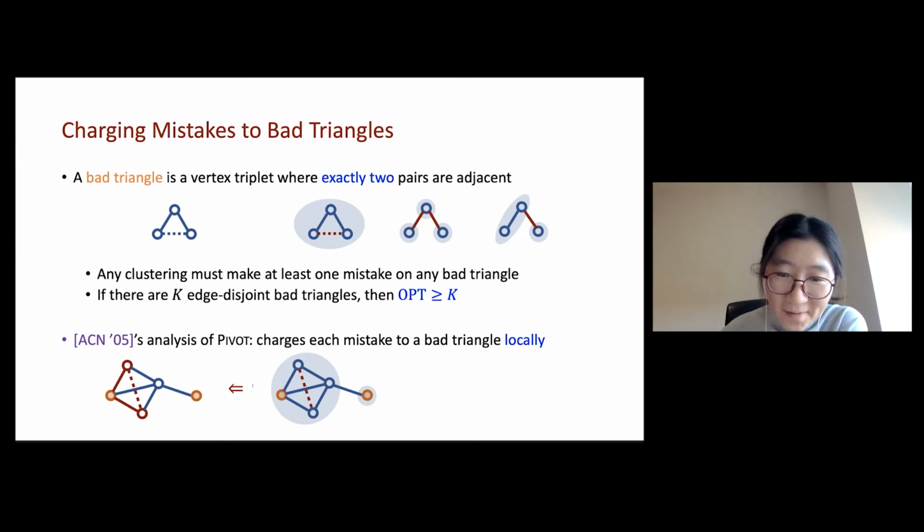And if we look at this green mistake, then it will be charged to this particular bad triangle, which includes both endpoints and also the pivot neighbor of one of the non-pivot endpoints.